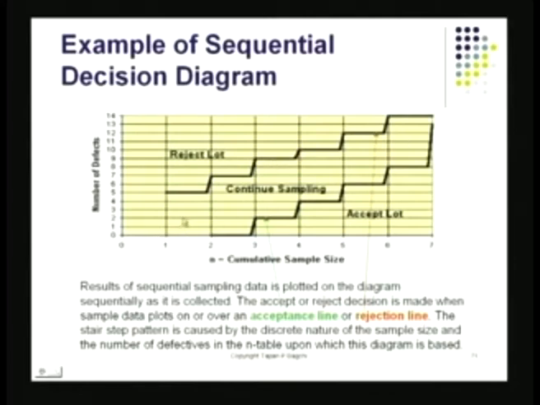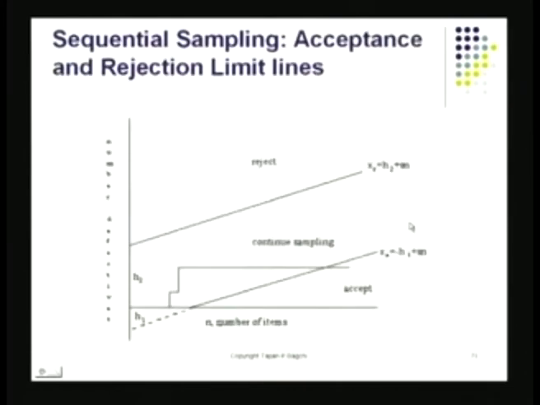If the trace of your sampling results stays within these two limits, you continue to sample. The moment it goes either this way or this way, you decide either to accept the lot or to reject the lot. Let me show you what it looks like in the real world. I've got a continuous line here, and this is the acceptance region. By doing sampling, I end up going here, I accept the lot.